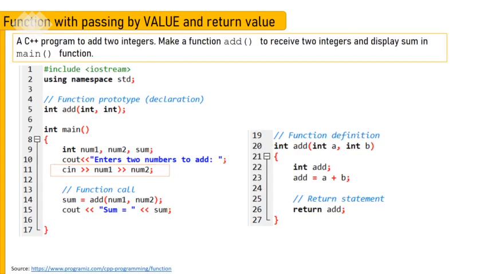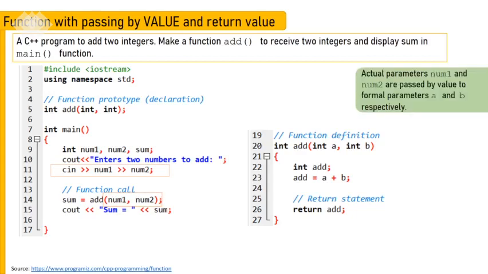Therefore, in line 14, we write a function call, and in parentheses, we put variables num1 and num2 as actual parameters to be transmitted to the function definition of add.